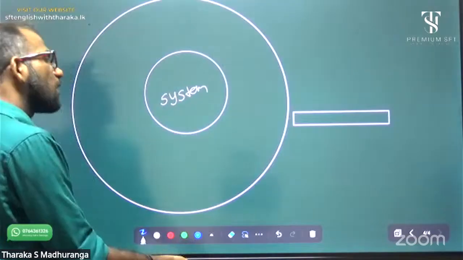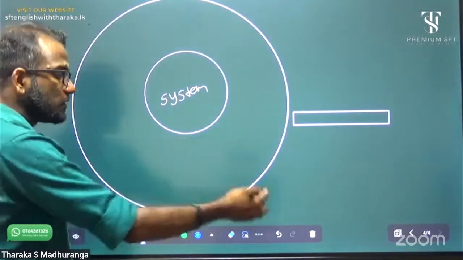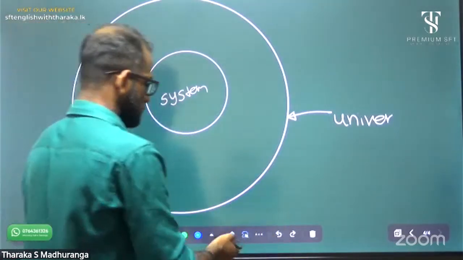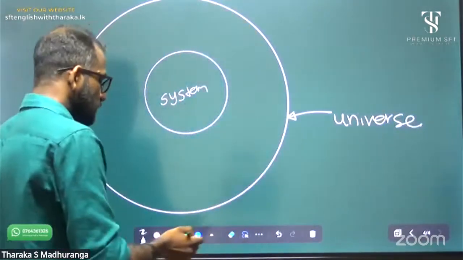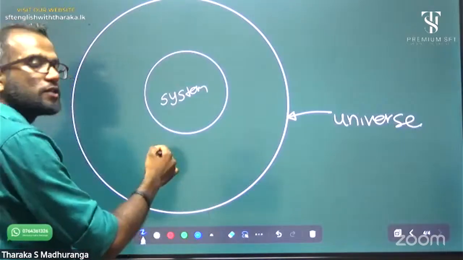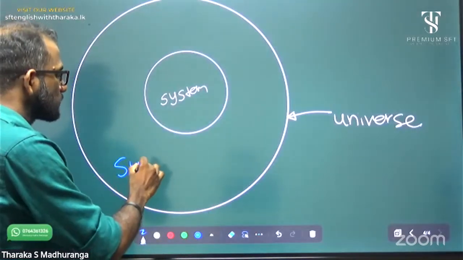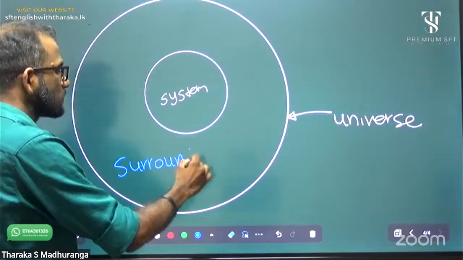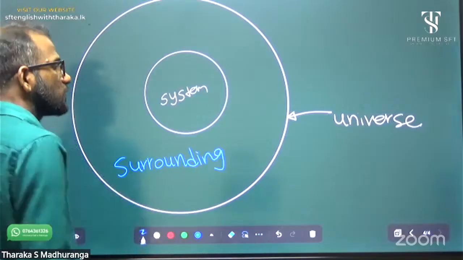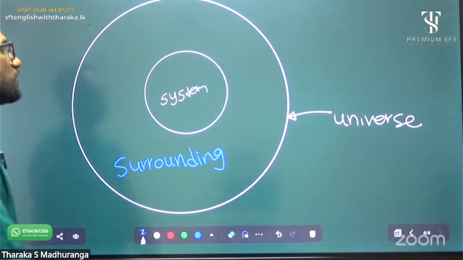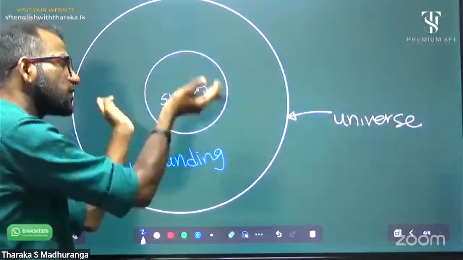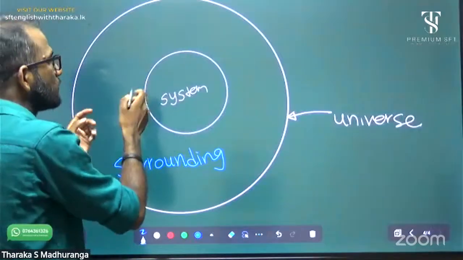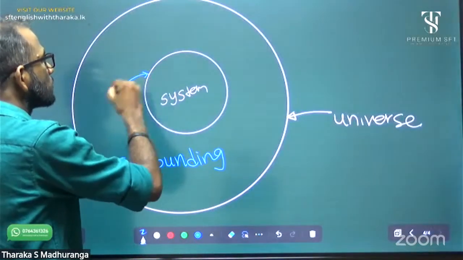Except the system, all other area in the universe we call surrounding. The separating surface between system and surrounding, physical or imaginary, is the system boundary.